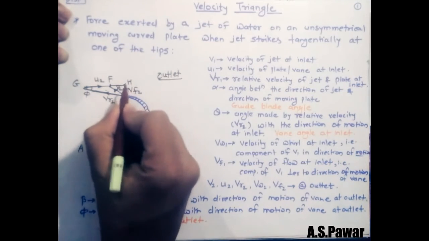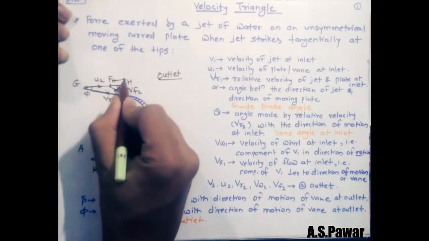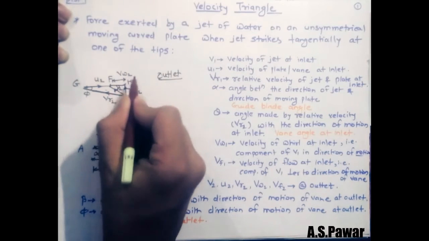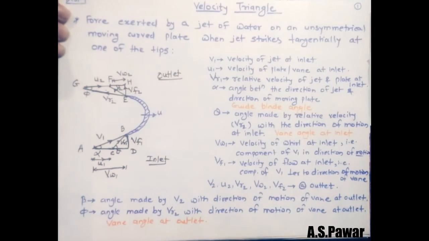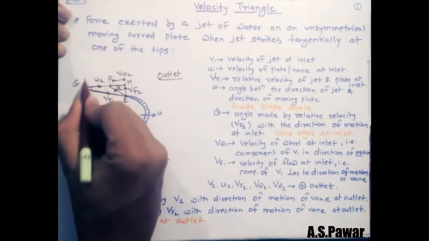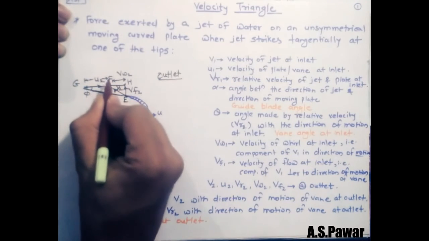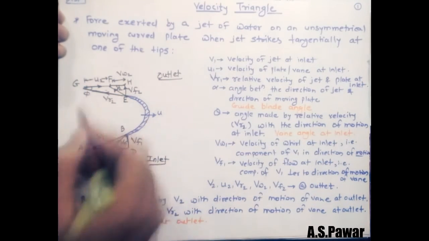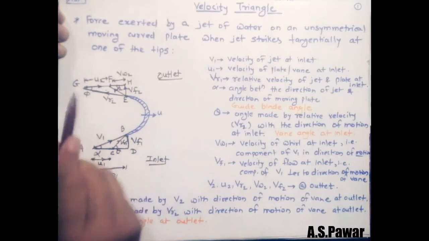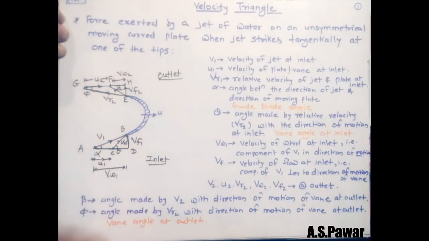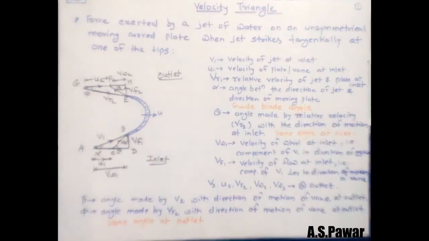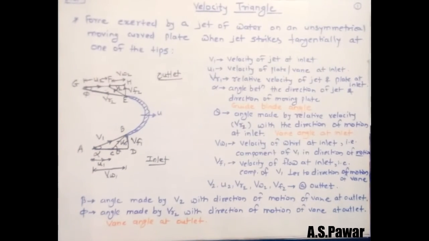Suppose this is point H, and this much represents Vw2. Vw2 stands for the velocity of whirl at the outlet, and this is U2 up to point F. In this way we have again constructed one triangle GHE. GHE is the velocity triangle at the outlet of the curved plate.